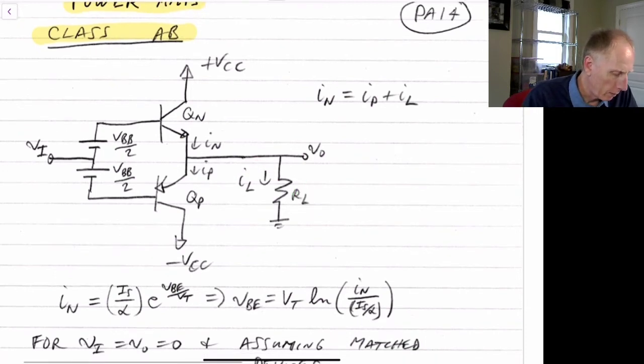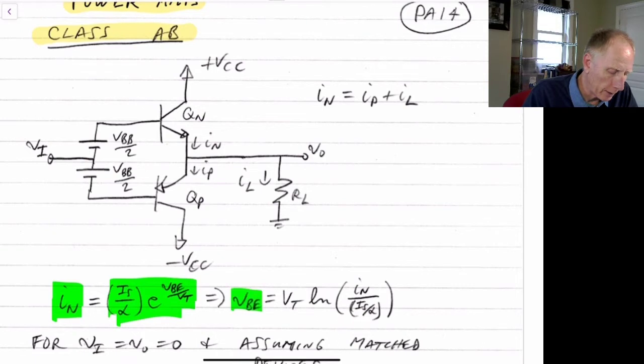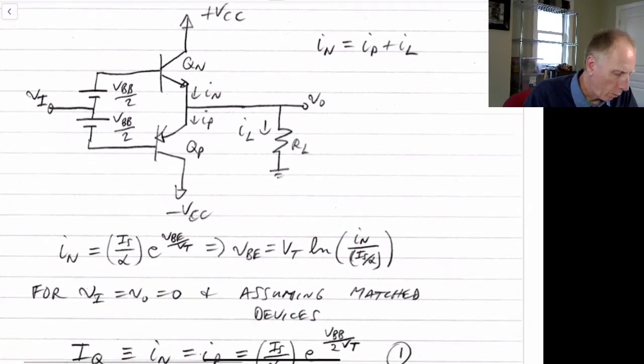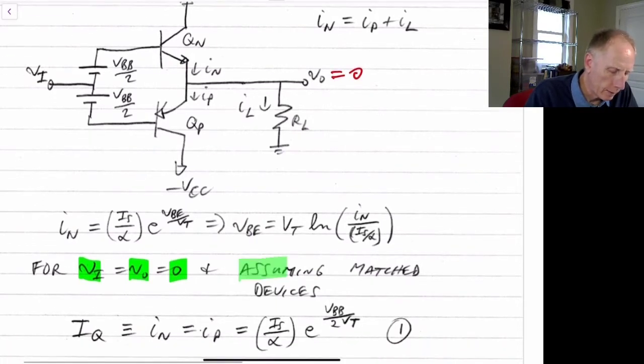As I mentioned, the emitter current can be given by this equation here. And we can reverse that and say the base emitter voltage is then given by this equation, just taking the inverse. When Vi equals Vout and equals 0, so when this voltage here is equal to 0, let's assume that we have matched devices.